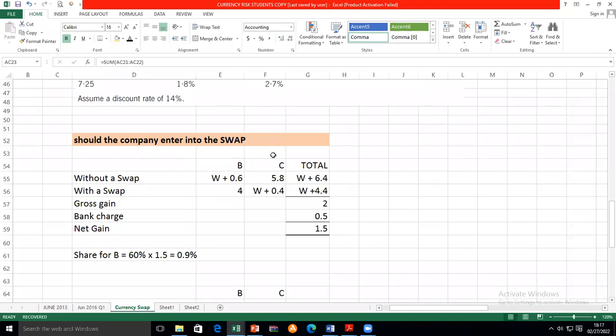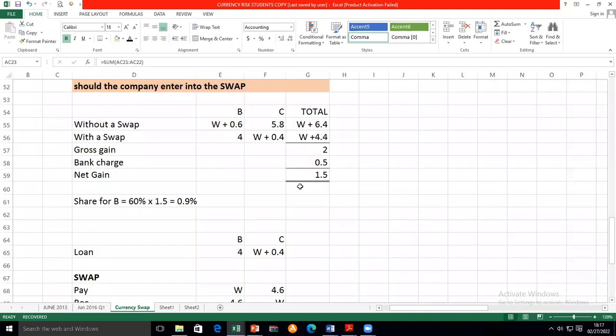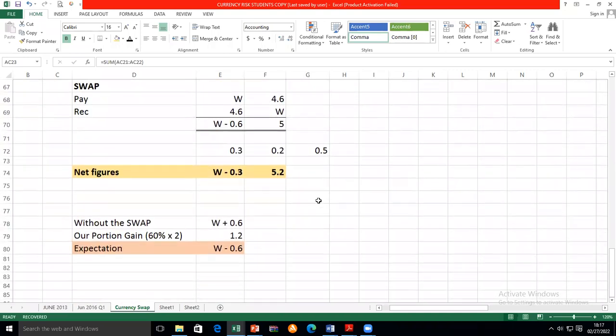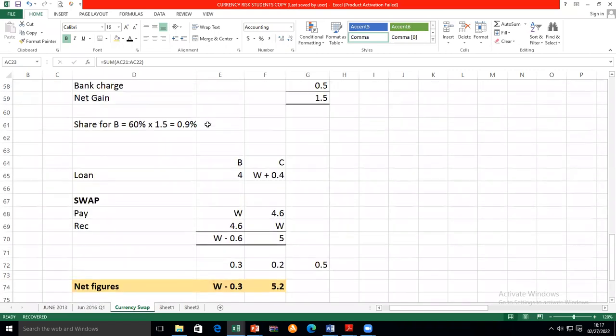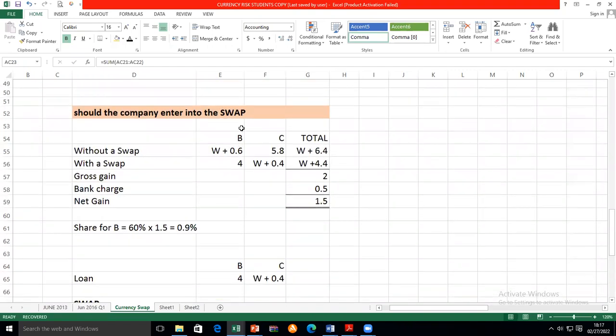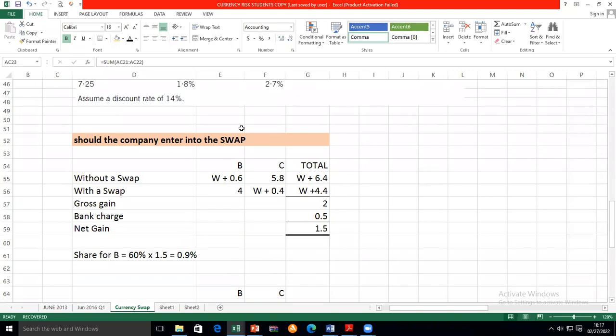Should the company enter into a swap, please clean up that, and also the possible cash flows in a swap. Why? You need this when you do the interest rate swap. So this was a currency swap, where we swapped the currencies. The objective was that we're looking for foreign currency. In an interest rate swap, we're looking for an interest rate.